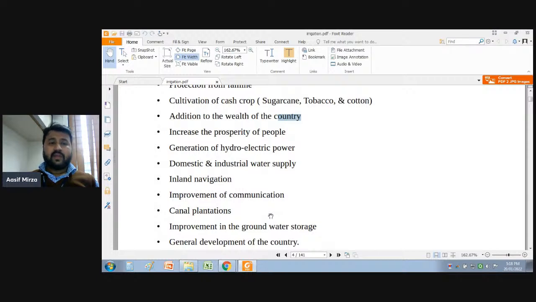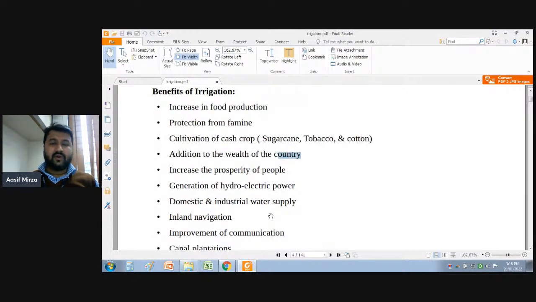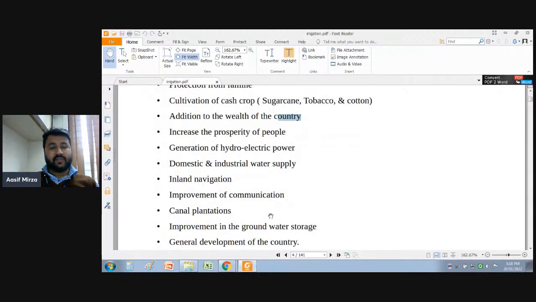So, irrigation is not only for the farming purpose, but it is also to generate the hydroelectric power. It is also used for the domestic and the industrial water supply. So, in all aspect, we have to store the water. This irrigation scheme is beneficiary.